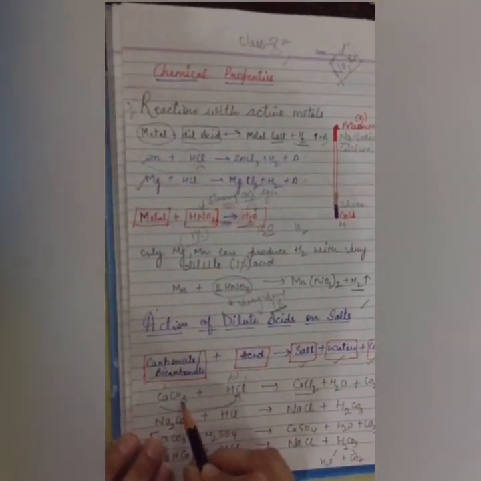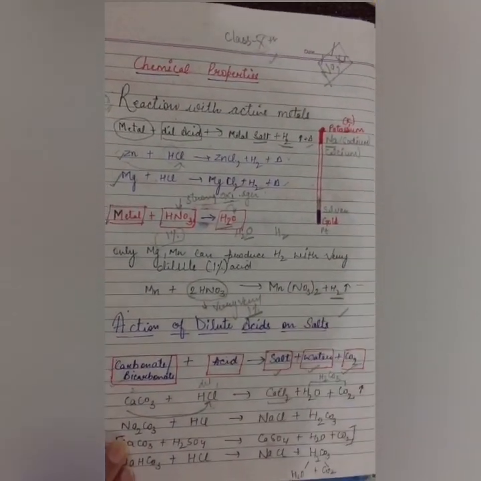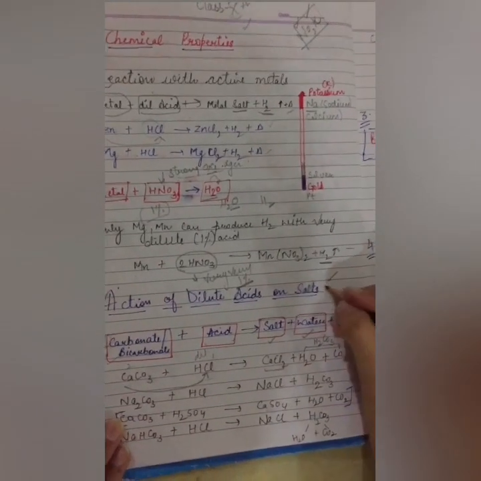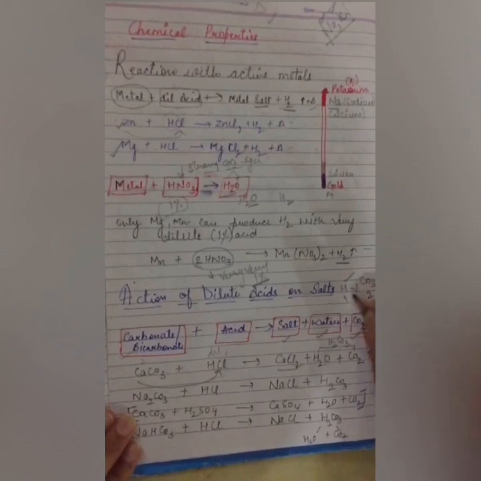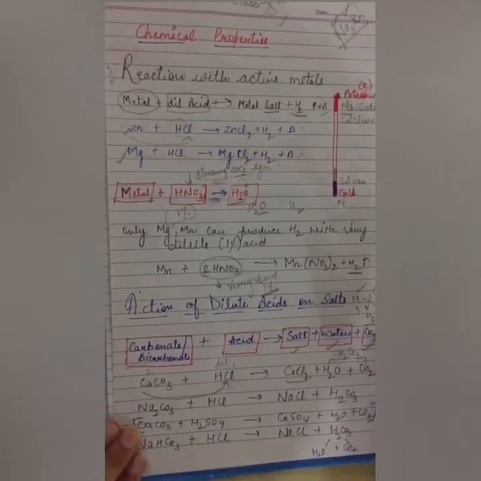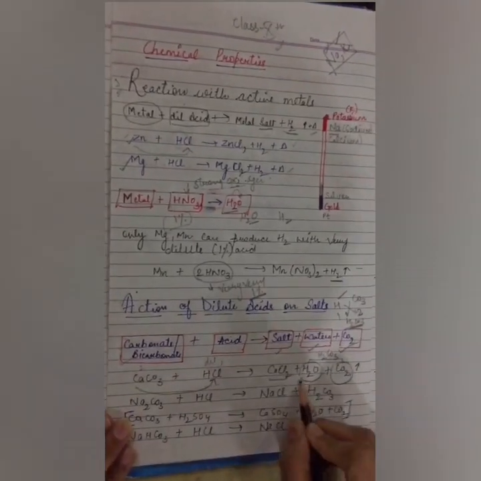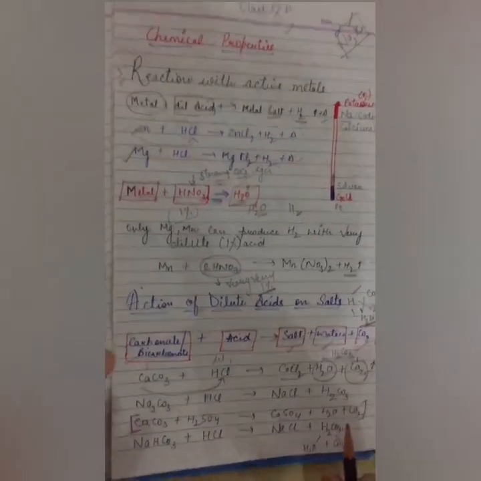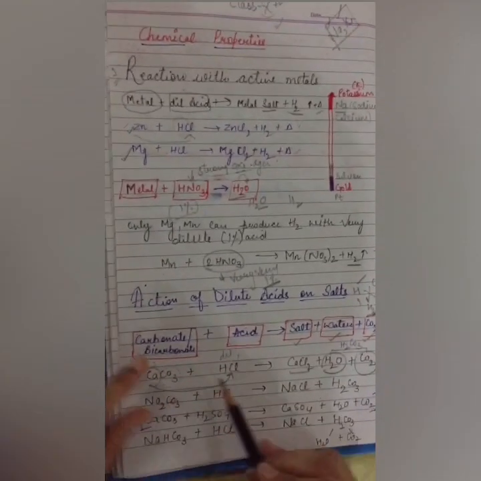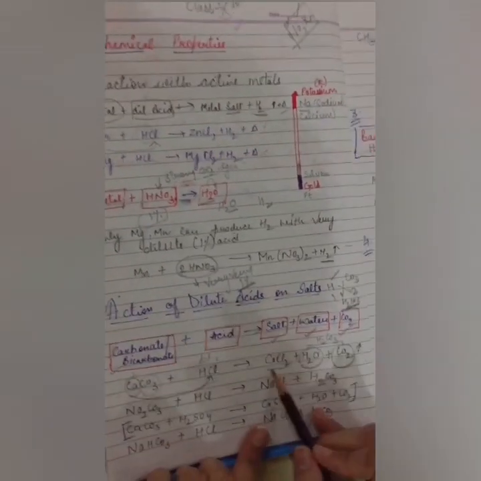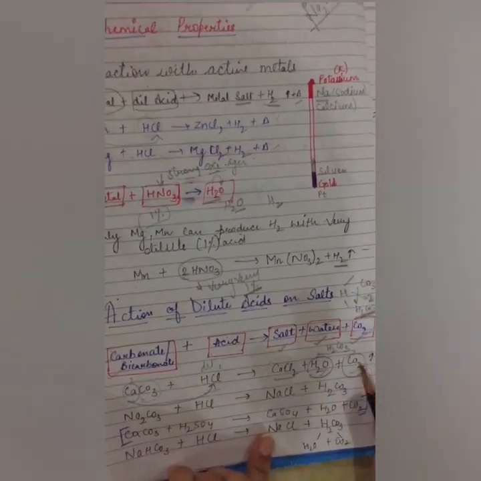H and CO3 will actually form H2CO3, carbonate having valency 2 and H valency 1. This further decomposes into H2O and CO2, so we directly write it like this. Keep this in mind: whenever a metal carbonate reacts with acid, it will form salt, calcium chloride, water and carbon dioxide.